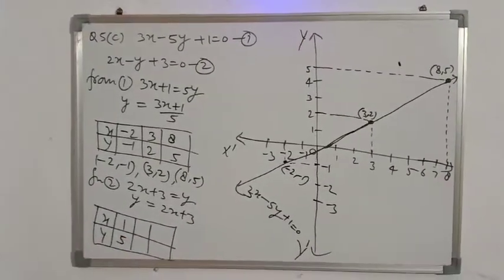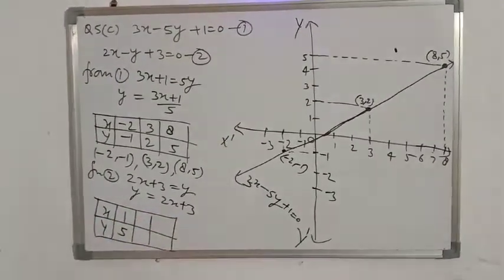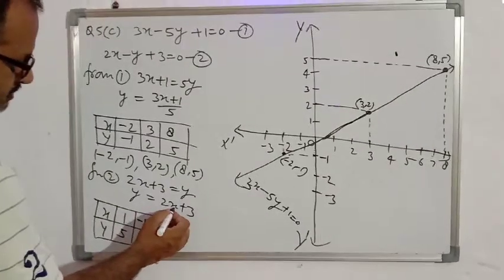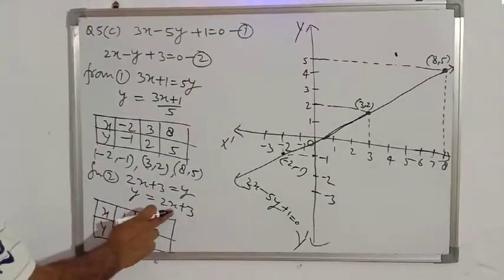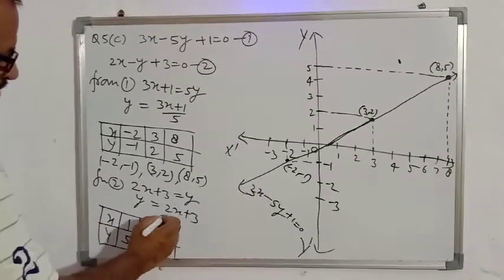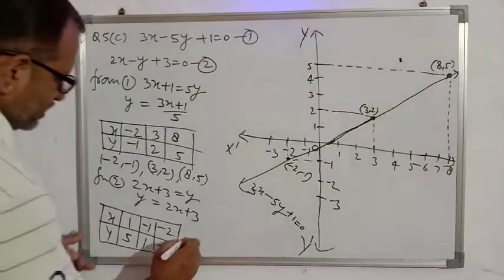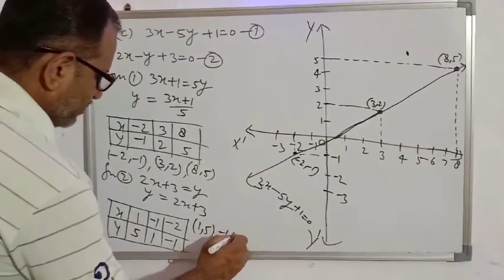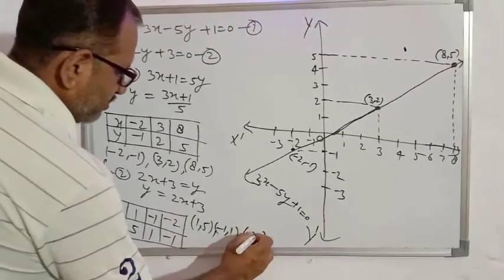If x is minus 1, 2 into minus 1, minus 2 plus 3, 1. If x is equal to minus 2, 2 into minus 2, minus 4 plus 3, minus 1. So we have points 1, 5; minus 1, 1; and minus 2, minus 1.